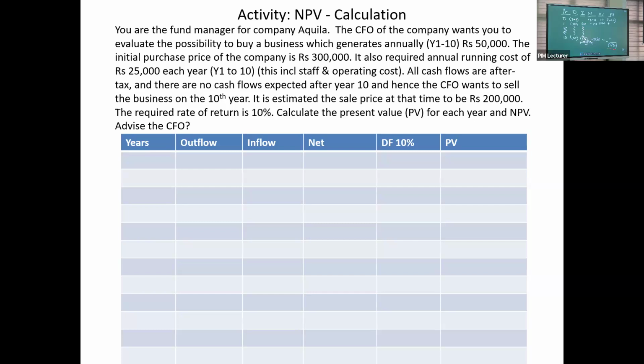Right. Now, I saw some of you doing it this way, the tabular method. Some of you used the formula to the power n, and got minus 69K. Both are correct. Only difference is the number of marks.